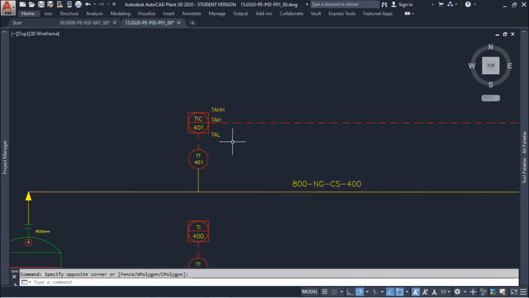It is the same for TAH, and in this case, if we reach 50 degrees Celsius, it means that we have a disturbance in the process, but it keeps running. But if we reach 60 degrees Celsius, the TAHH will alarm and shut down the system. That means that we usually will isolate the source of the disturbance and stop equipment to prevent safety issues.